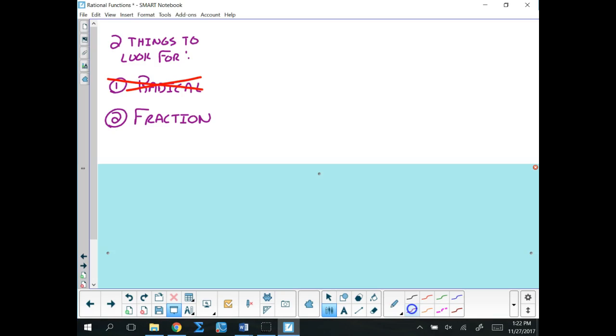Now, next thing that we have to talk about is the domain. You can write it as capital D for domain. How does the domain start? All real numbers.